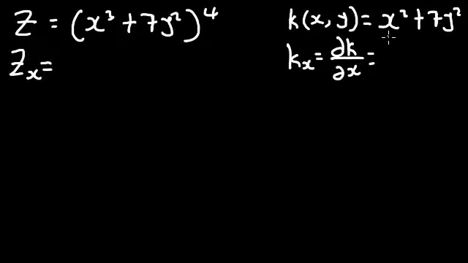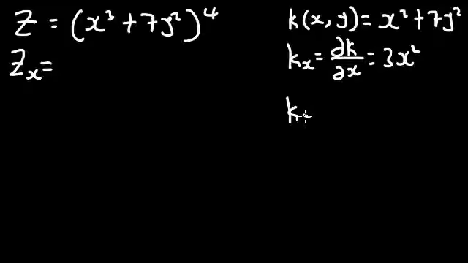Remember, from the techniques of differentiating a multivariate function partially with respect to a certain independent variable, the other independent variable must be treated as a constant, which means in this case, since we are differentiating partially with respect to x, then y must be treated as a constant. And so therefore, partial k partial x will simply be equal to 3x squared, as this will become 0, since there is no x term attached to it.